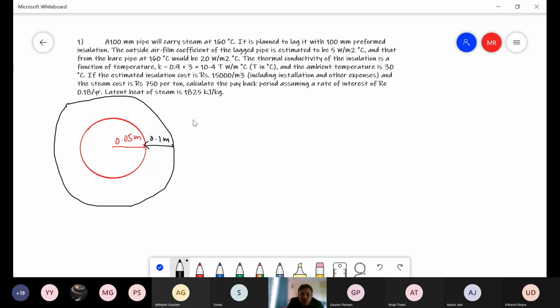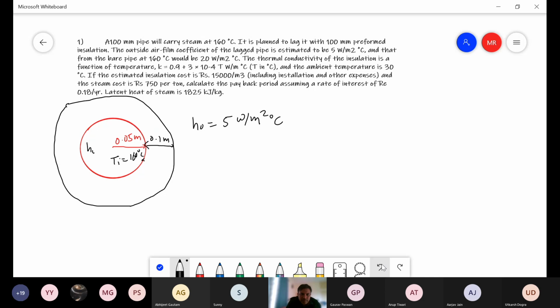So H naught here is given as 5 watt per meter square degree Celsius, and that from the bare pipe at 160 degrees Celsius would be 20 watt per meter square degree Celsius.